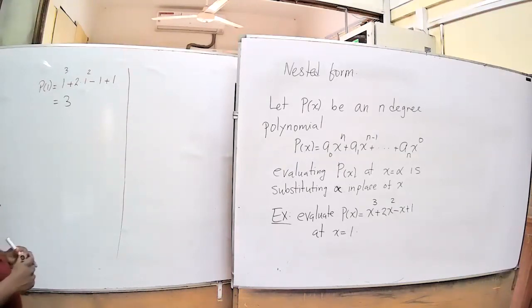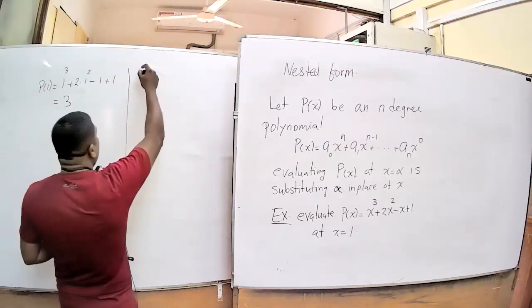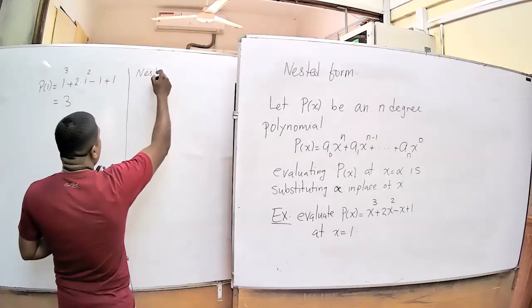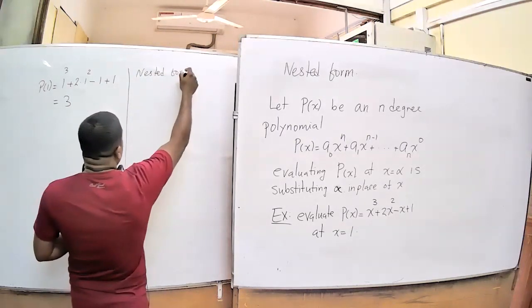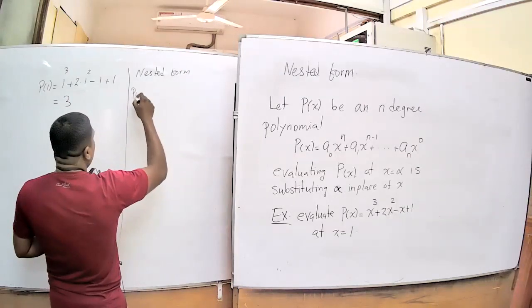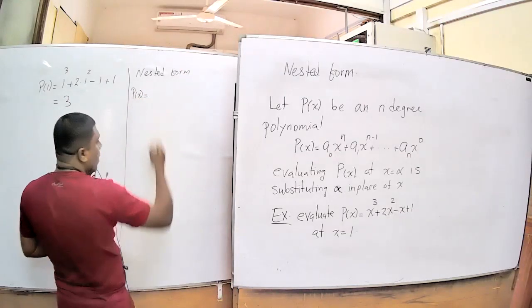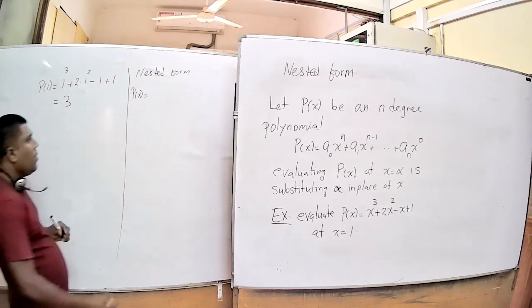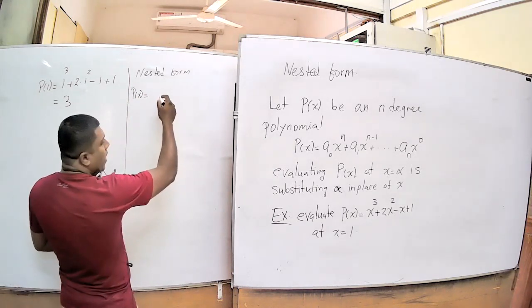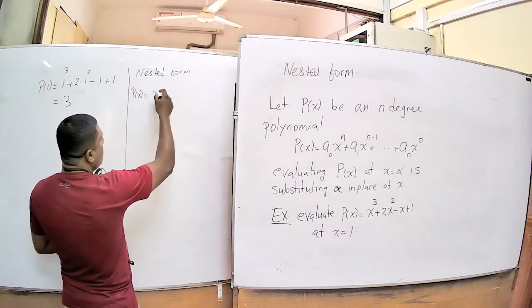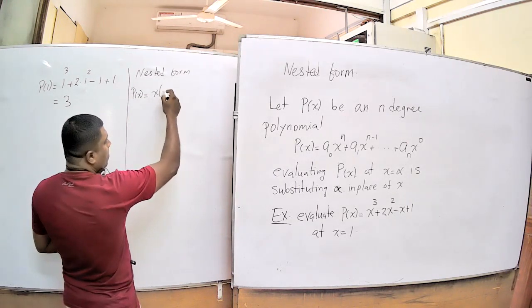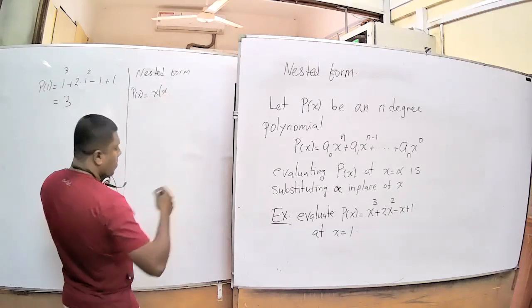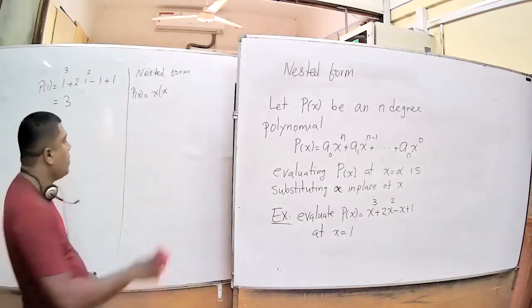Now what I am going to do is see this P(x) in a nested form. I am trying to factor, so let me show you how to do this.